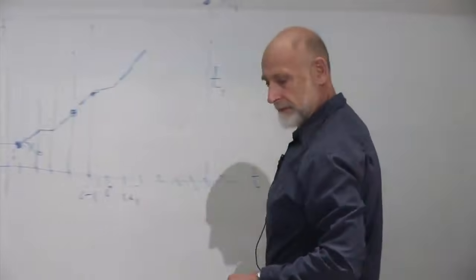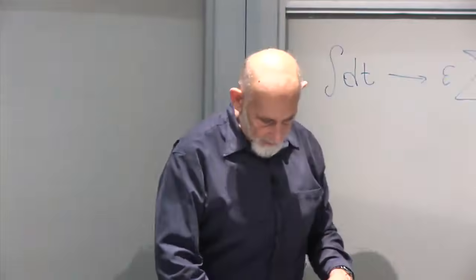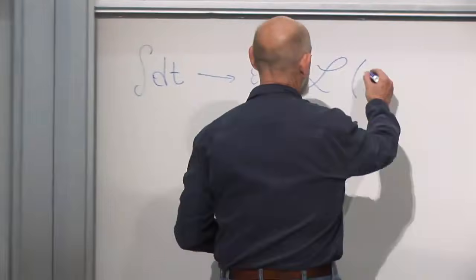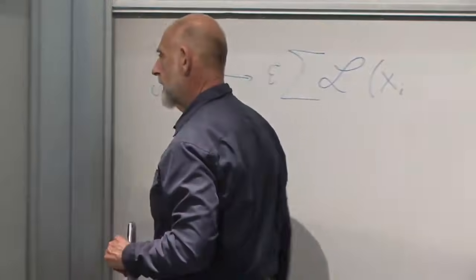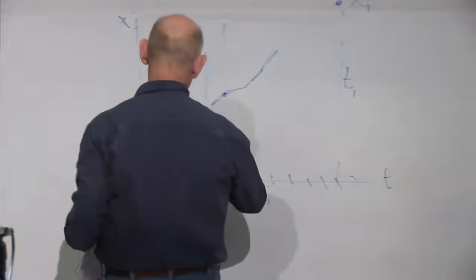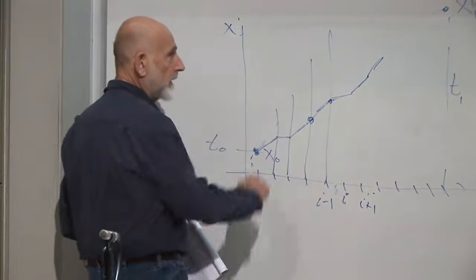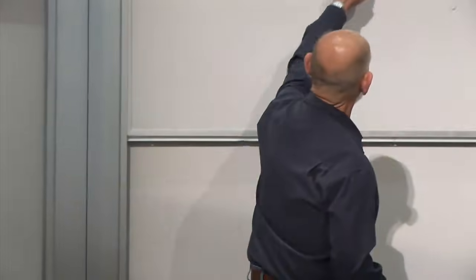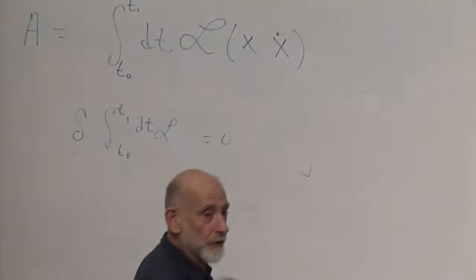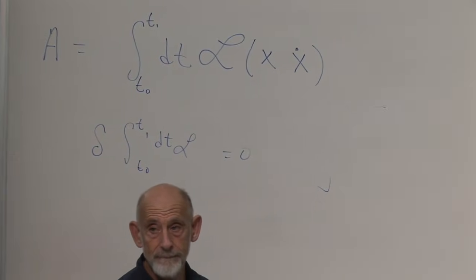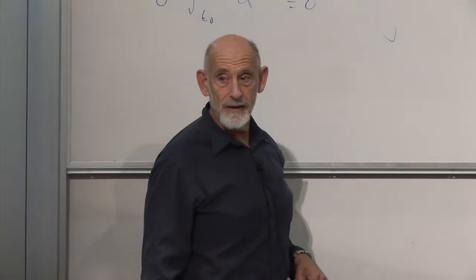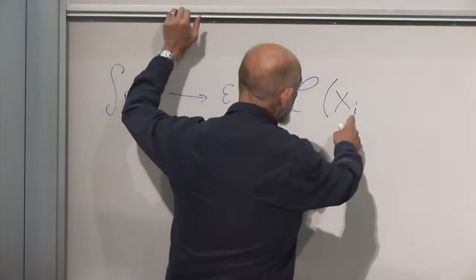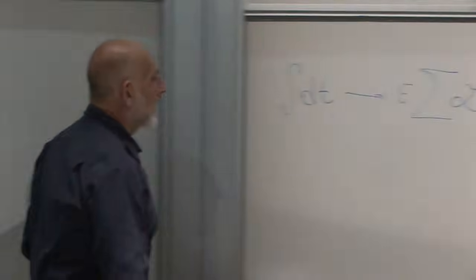L of x sub I. That's the value of x at this point over here. That's replacing x over here. Incidentally, what is x a function of over here? X is a function of time. It gets replaced by a discrete function of I. All right, so L is a function of I.